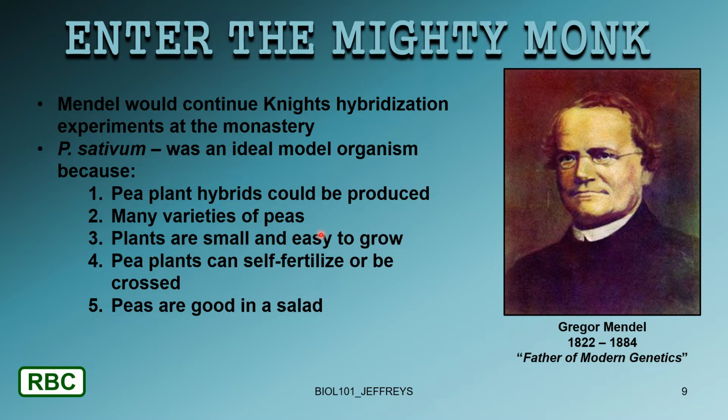They're small and easy to grow, don't take up a lot of space, and of course, living in a monastery, there's not a whole lot of ground to work with. They can self-fertilize or they can be crossed. And of course, peas are good in a salad, so he could feed the brethren with the results of his experiments.